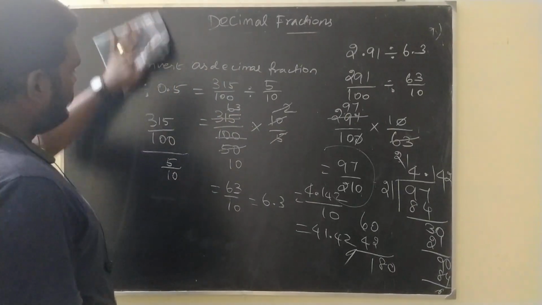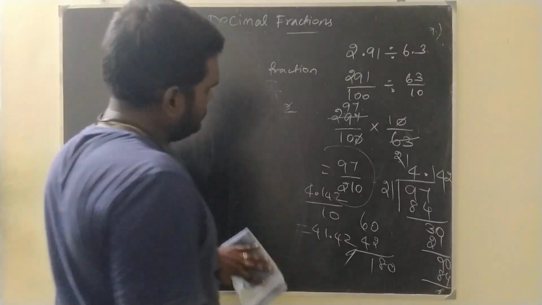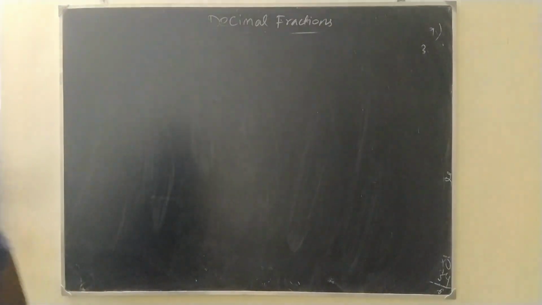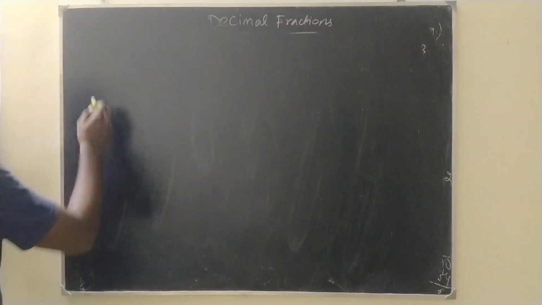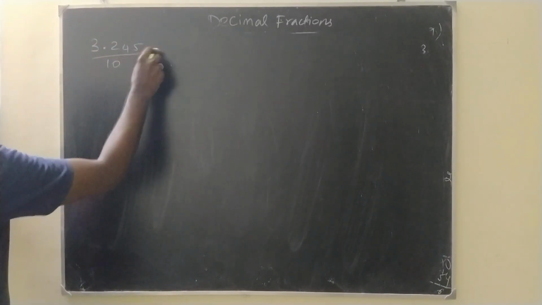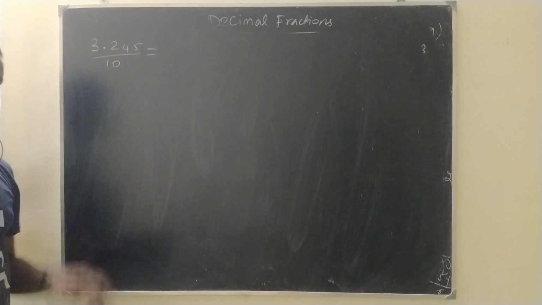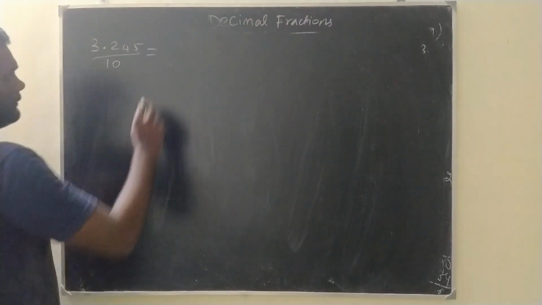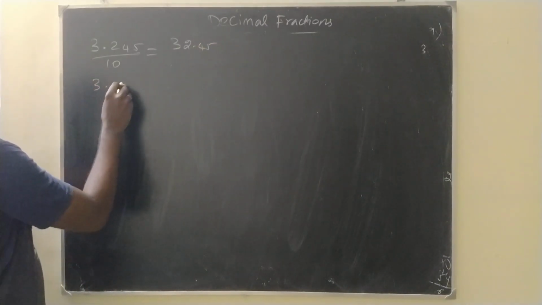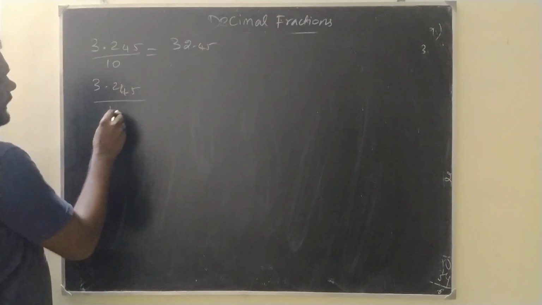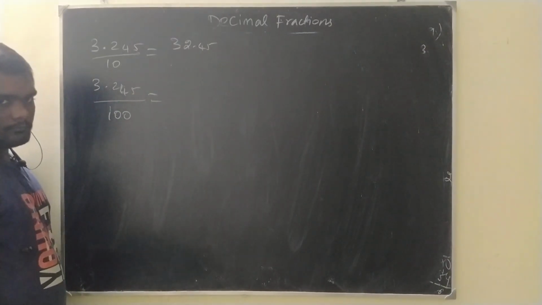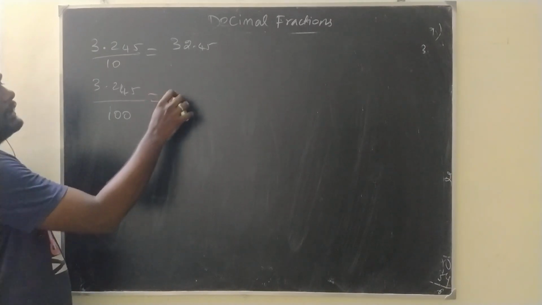And one last concept. See, when you divide a decimal fraction like 3.245 by 10, how many decimal places will move to the left? 1 decimal place. So 32.45. Suppose it is 100, then how many decimal places will move? 2 places, that is 3 already there.